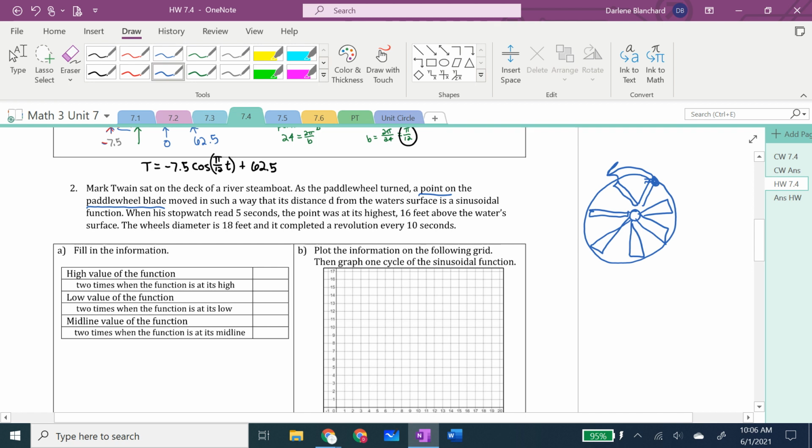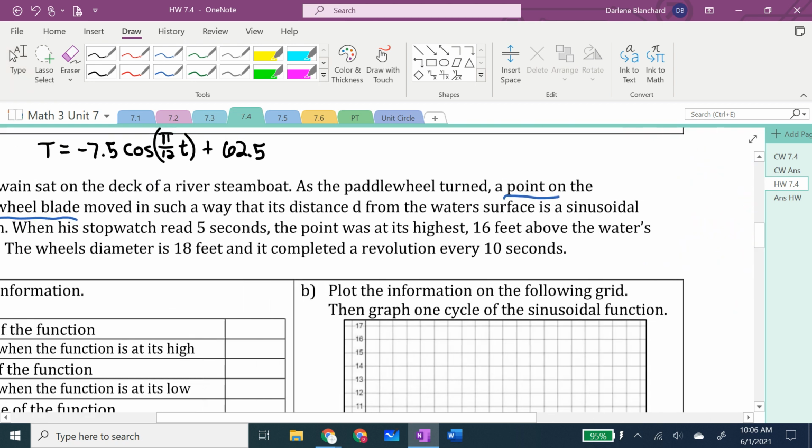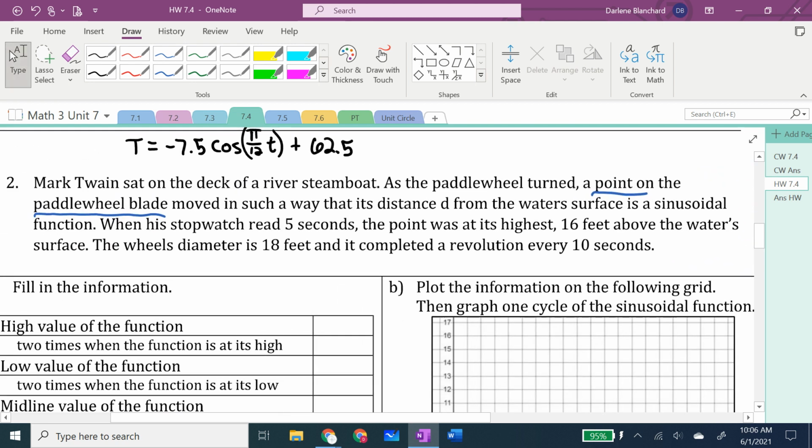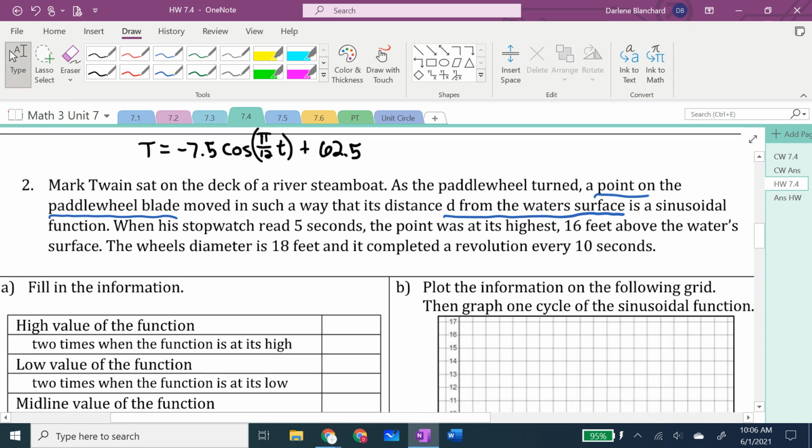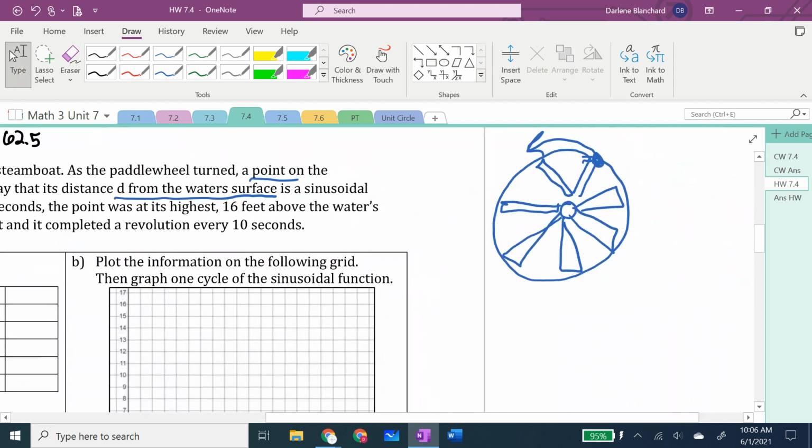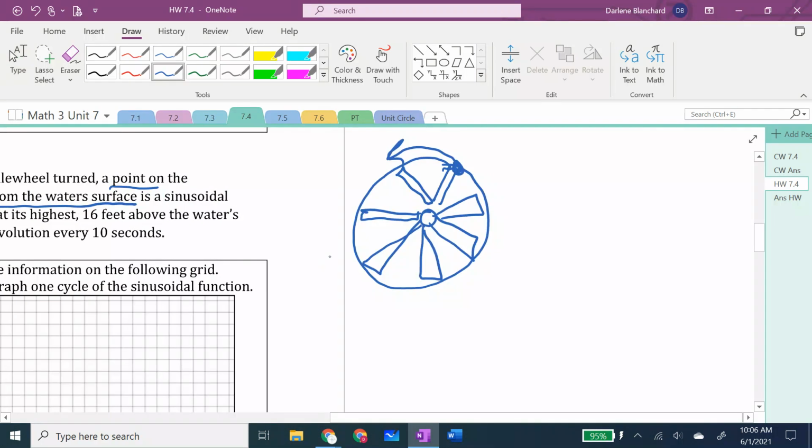Now, we are told that its distance d from the water's surface is a sinusoidal function. So we've got a water surface somewhere in here. Maybe it's there, maybe it's there. We need a little more information to be able to say where that water is at, but it should be that the paddle wheel is in the water.